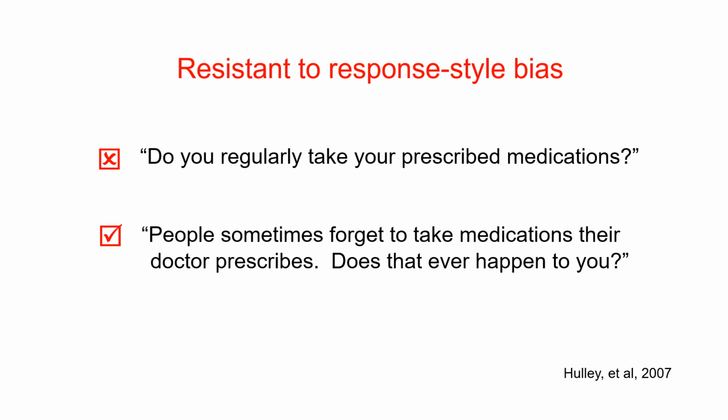The question is about patients' compliance to medications. The top question elicits a socially desirable response, which can be reworded to one that is more likely resistant to response style bias, which is the one below. It is important to give respondents permission to admit certain behaviors without encouraging them to exaggerate.